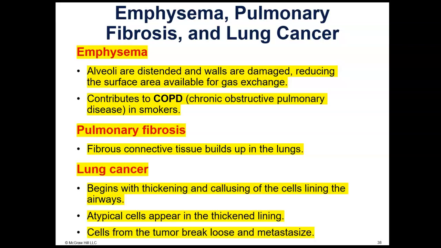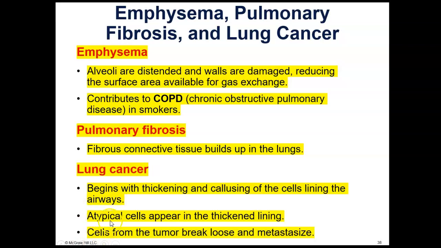Now, another thing that can happen in the lower respiratory system is called fibrosis. Pulmonary fibrosis is when fibrous connective tissue builds up in the lungs, and of course that would make it very difficult to breathe. You want your lung tissue to be very elastic. And then there is lung cancer, which begins with a thickening and callousing of the cells lining the airways.